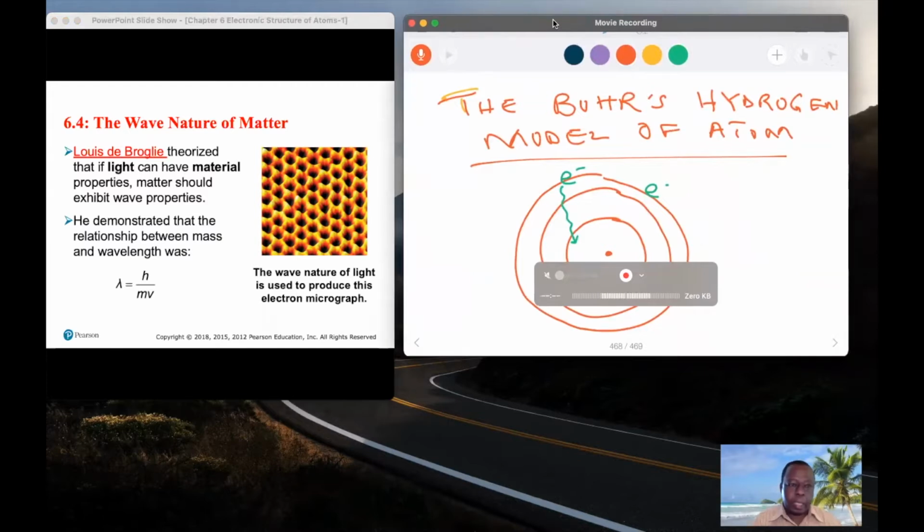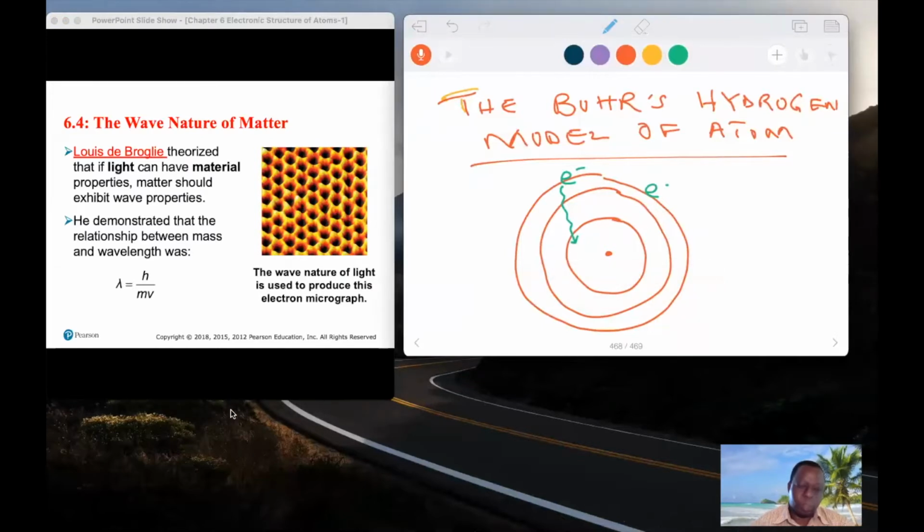Now, picking up from section 6.4, somebody else by the name Louis de Broglie, a French physicist, agreed with Bohr and other contemporaries that electrons move around the nucleus.